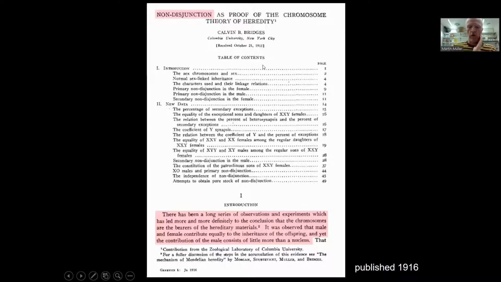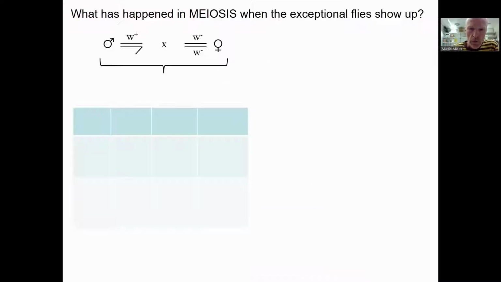So on the next slide, we go through just a part of the Bridges observation, based on which he concluded that the chromosomes in fact were the bearers of the hereditary material. So the question says that we have red-eyed males, and since you know they are white plus, it means we have to consider the sex chromosomes.